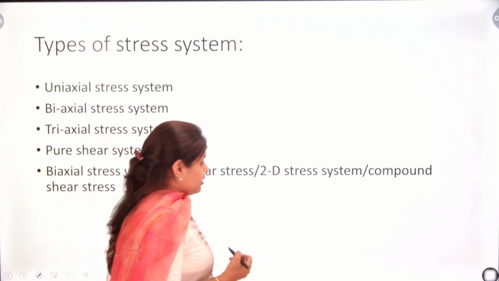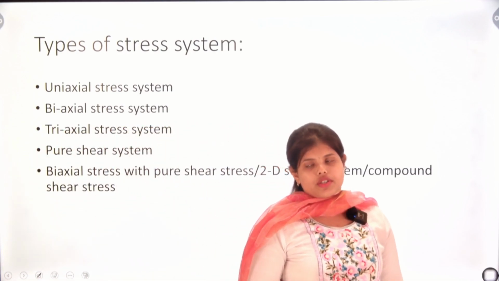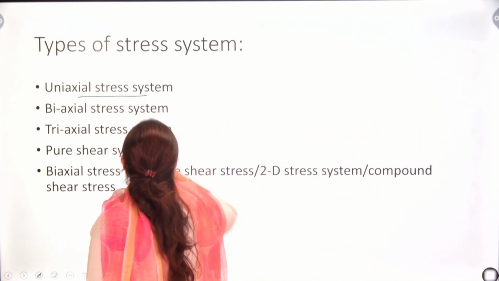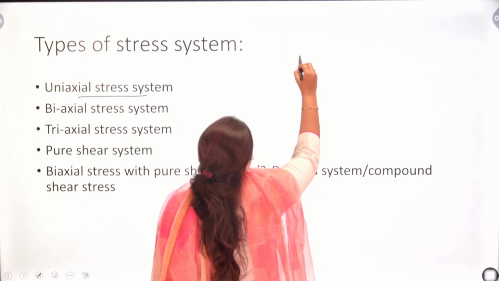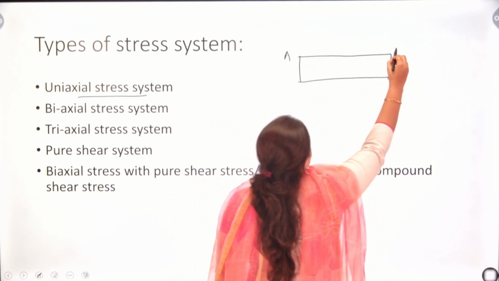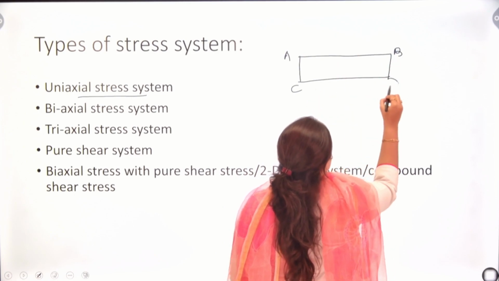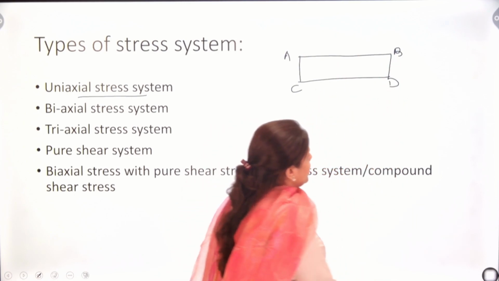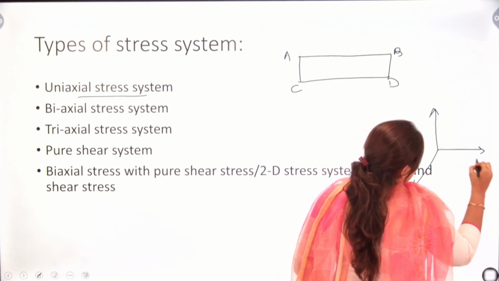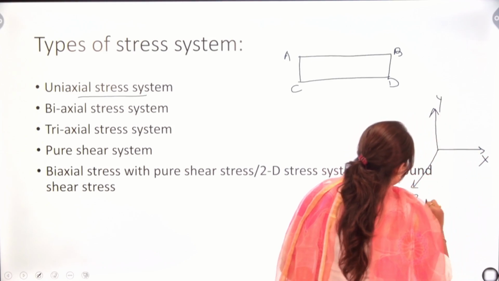Now we will learn what are the types of stress system. First is uniaxial stress system. In case of, let's take this as our object A, B, C, D. We have already known in which directions our stress system works, like x, y and z.